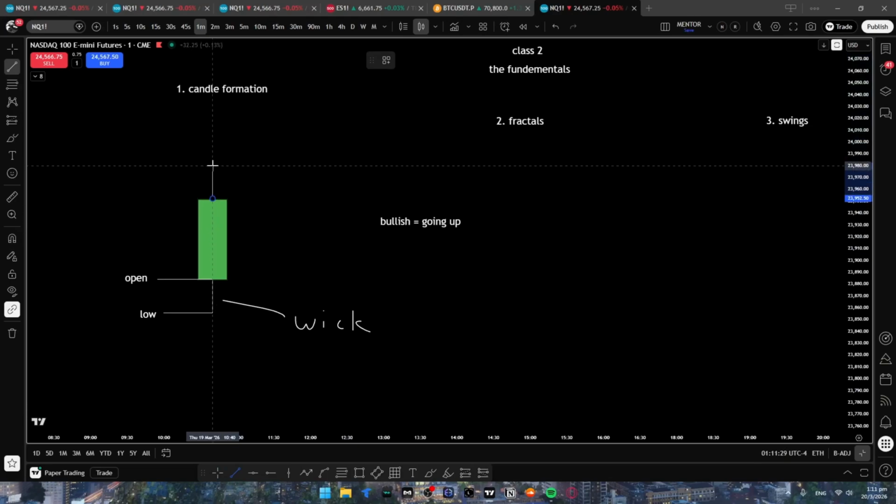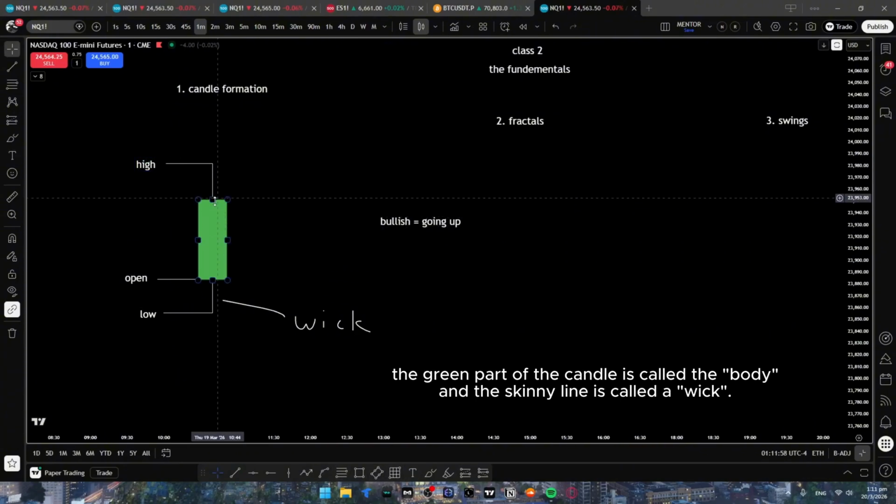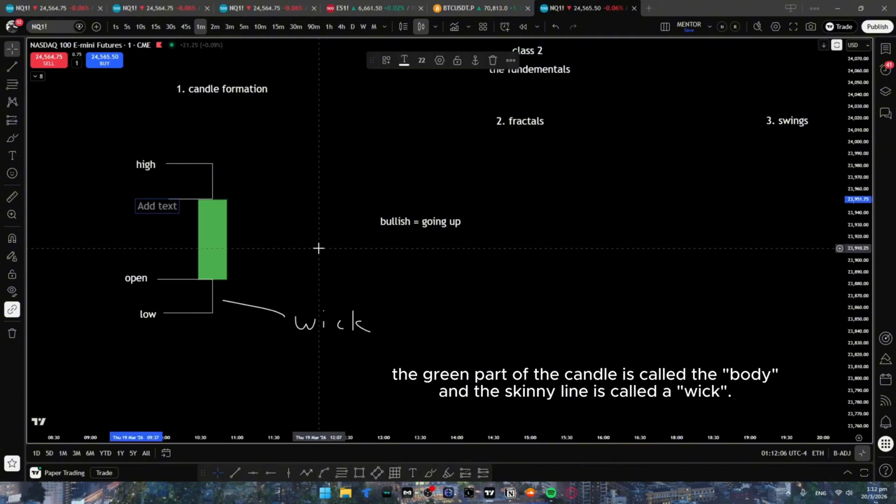We draw a wick. This is also a wick, but instead of naming it low, it's a high now, because it's at the high. Now this is called high. And we call this open, and now we call this a close.